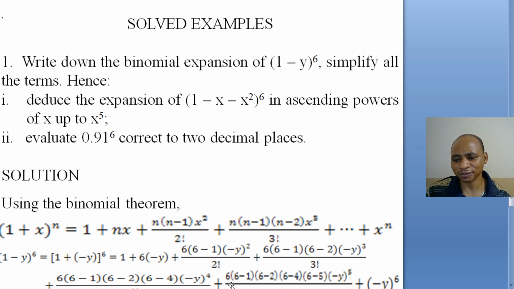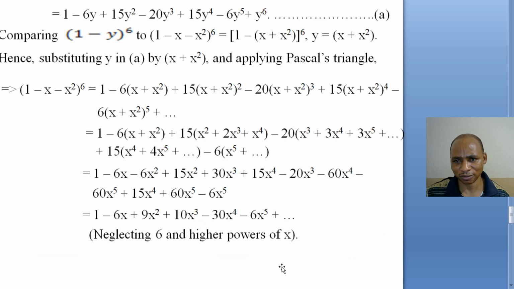Then plus 6 times 6 minus 1 times 6 minus 2 times 6 minus 3 times 6 minus 4 times negative y raised to the power 5 all over 5 factorial. Then all plus negative y raised to the power 6.